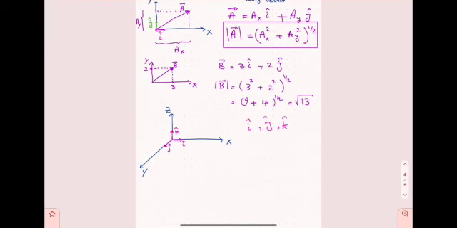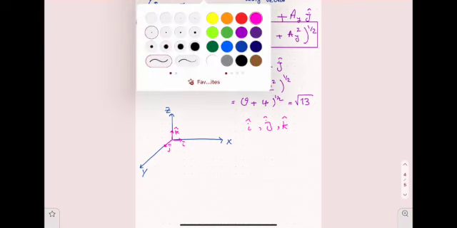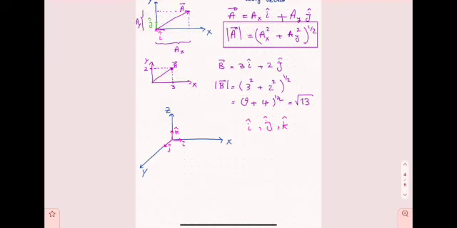Now we have any arbitrary vector in this three-dimensional space. For example, let's choose blue, and let's say we have a vector like this called C. And if we project C into the space of x and y, what do we get?